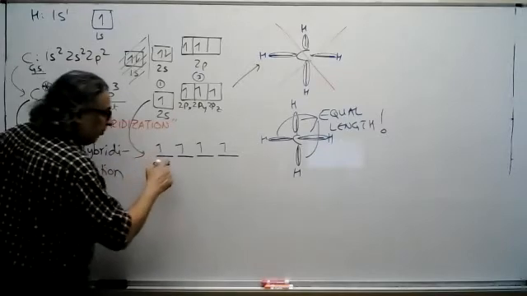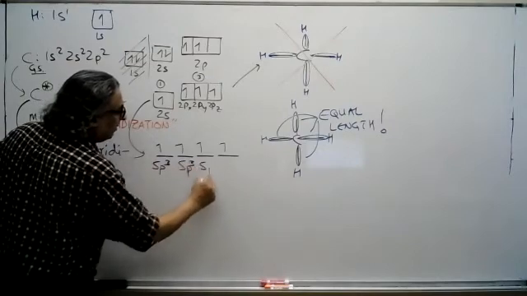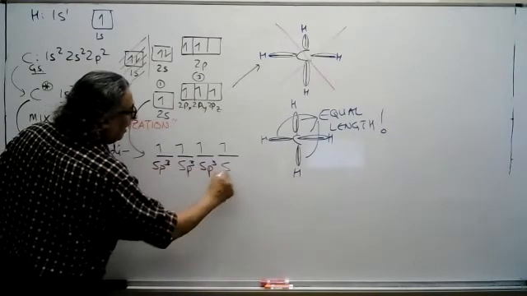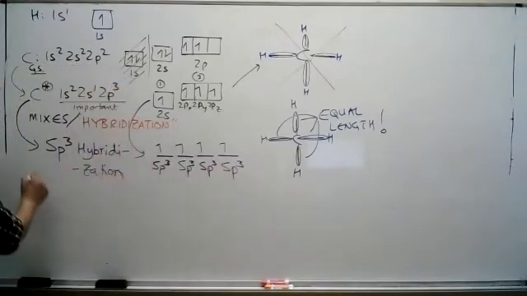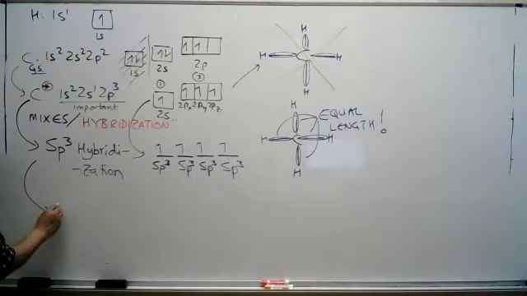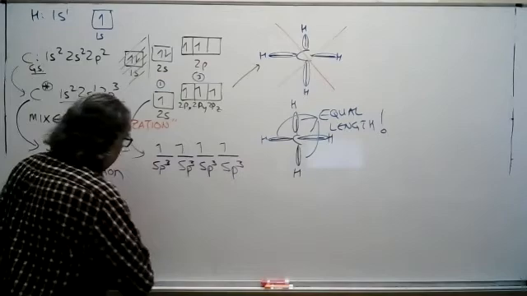This is an sp3 hybrid orbital. This is an sp3 hybrid orbital. This is an sp3 hybrid orbital. And this is also an sp3 hybrid orbital. After they make the bond in CH4, carbon and 4 hydrogens, in the molecule, this is what it looks like.